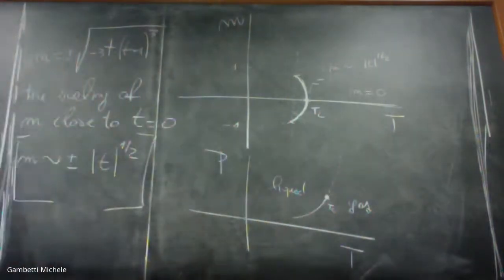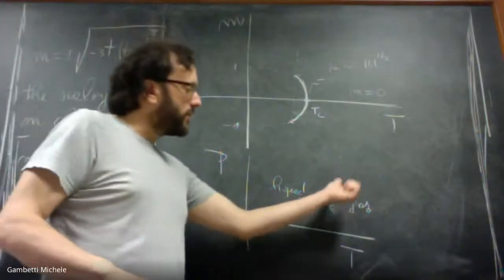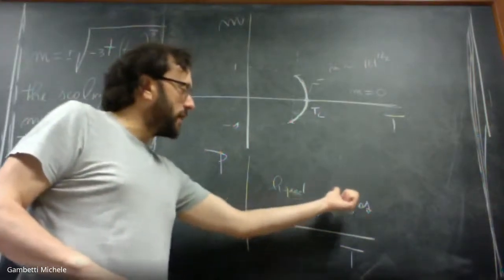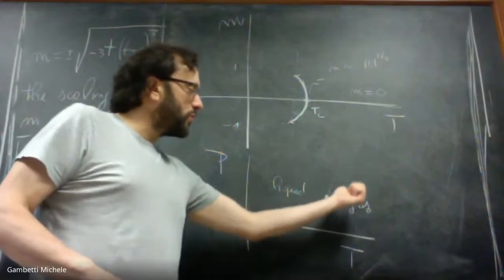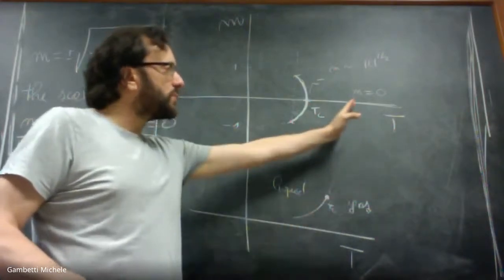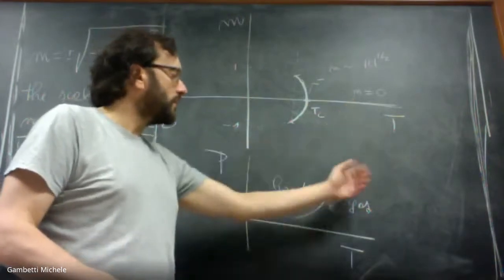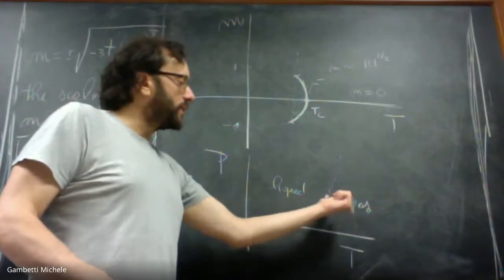Okay. So now, if I move along this line, I go from a situation in which the gas and the liquid are the same, that here would correspond to magnetization equal to 0.